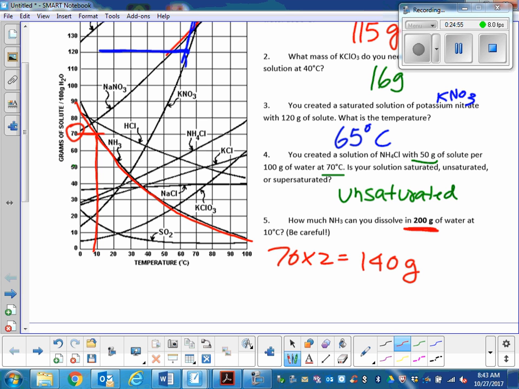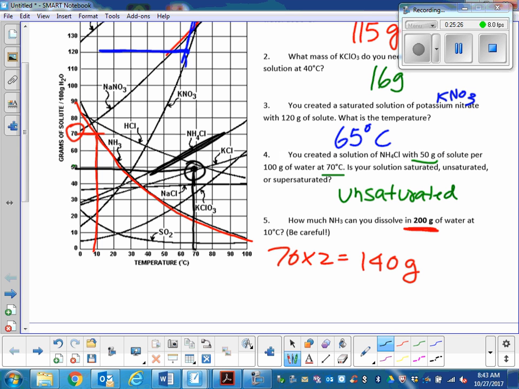Yes, Anthony? I don't get number 4. Why is it unsaturated? Because we are looking at ammonium chloride, correct? That is ammonium chloride. I look at 50 and 70, the intersection of 50 and 70. Alright? 70 degrees Celsius and 50 grams. Where is the point of intersection? Is it above, below, or on NH4Cl?